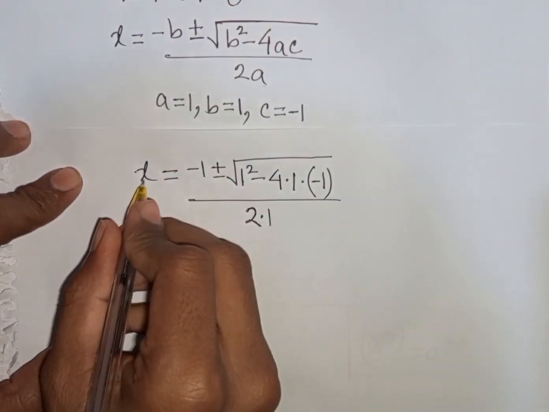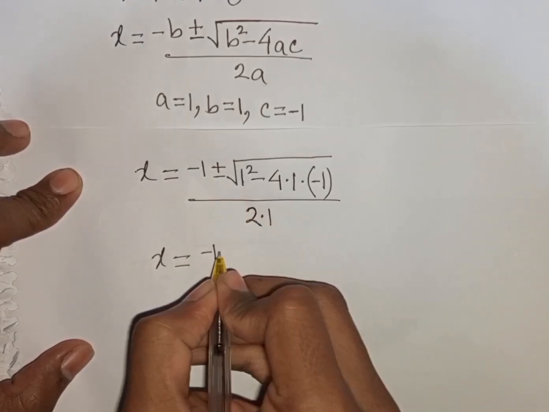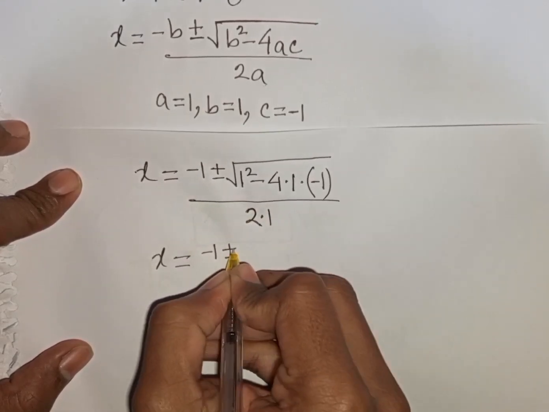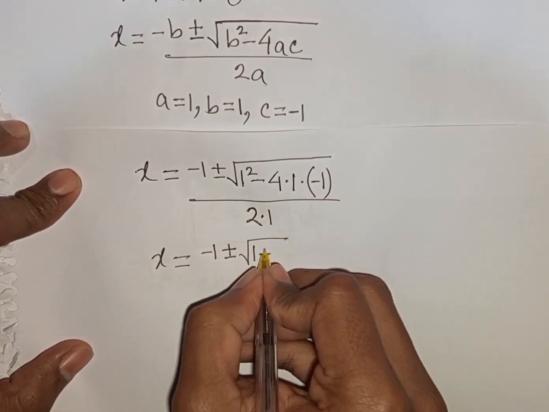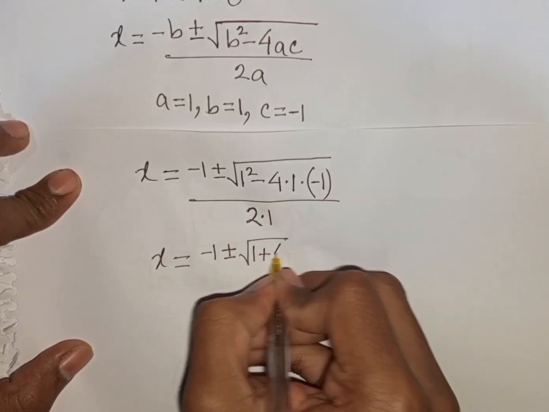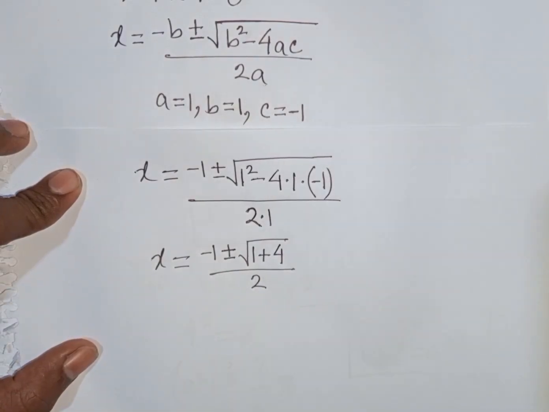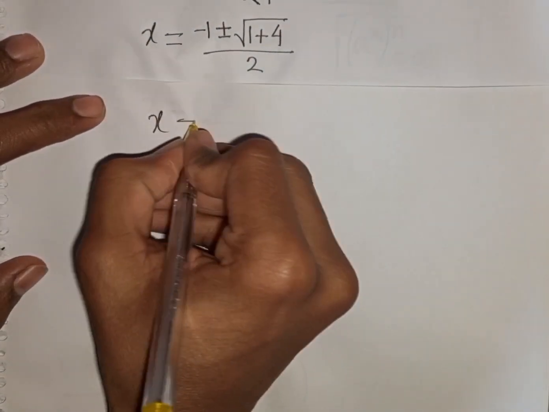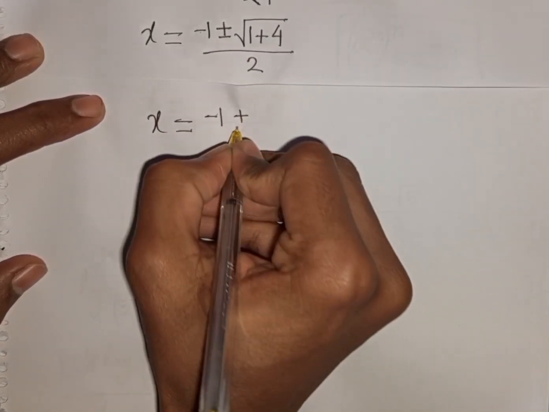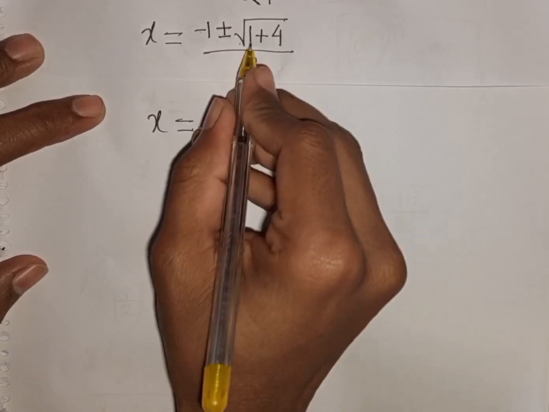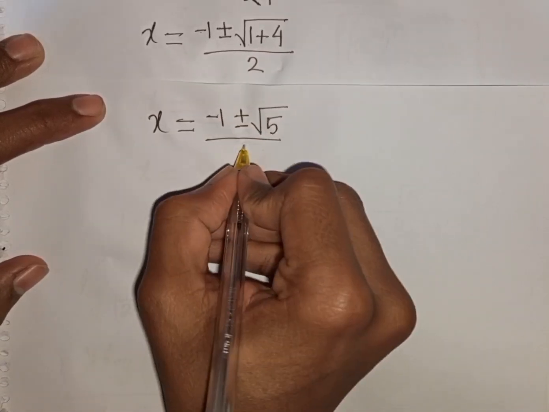Now we can write x is equal to minus 1 plus or minus square root of 1^2, which is 1, then minus times minus means plus 4 times 1 times 1, that means 4, divided by 2 times 1, that means 2. So x is equal to minus 1 plus or minus square root of 1 plus 4, that means 5, divided by 2.